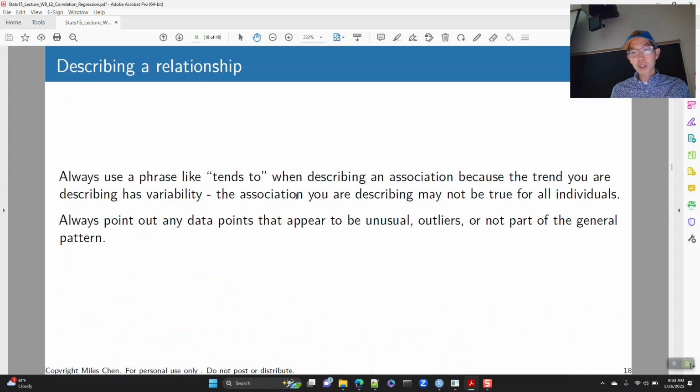Just a note, we always want to use slightly loose terminology here, like words like "tends to," because there are always going to be some individuals in your data that don't necessarily follow the trend. And if there's anything unusual, anything that stands out, you probably want to investigate those and ask, is this value actually real?